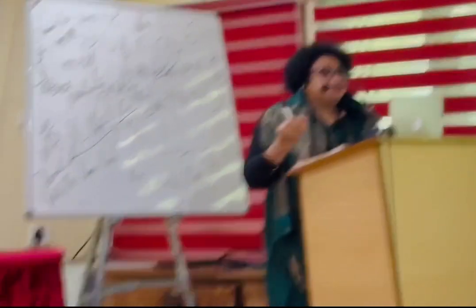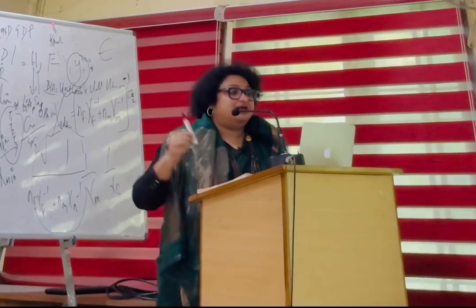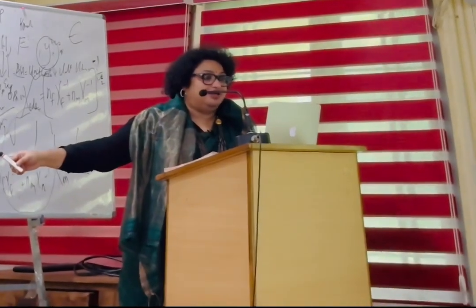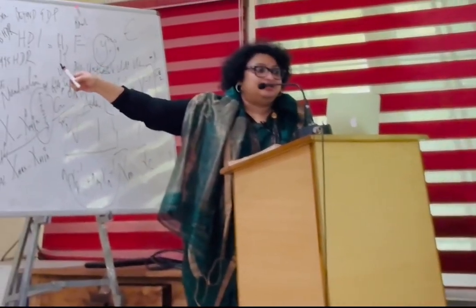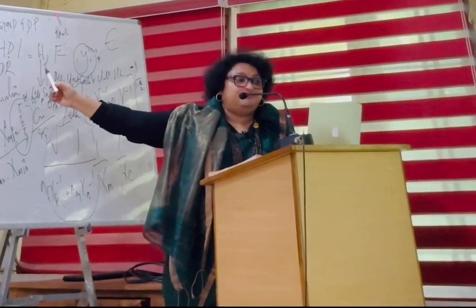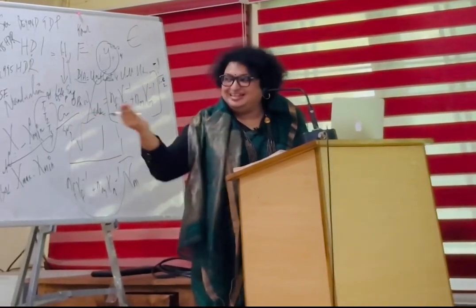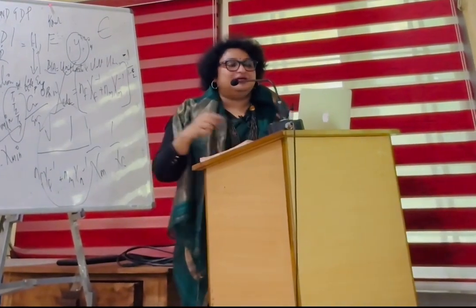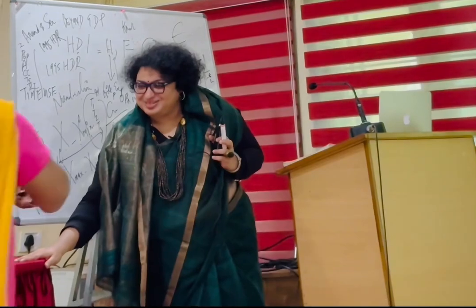So my question was, how do you balance equity and efficiency in the finance commission formula? If equity is everything, then you have to give a weightage of 45%. Then population is also given a huge weightage.